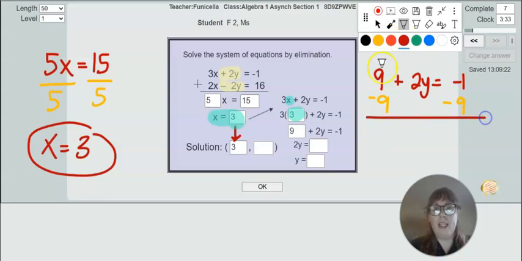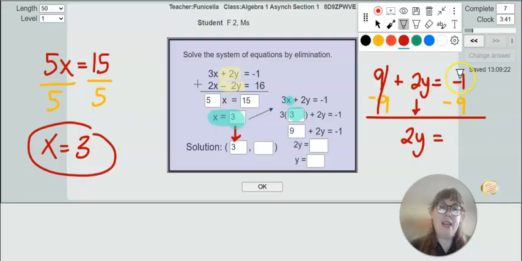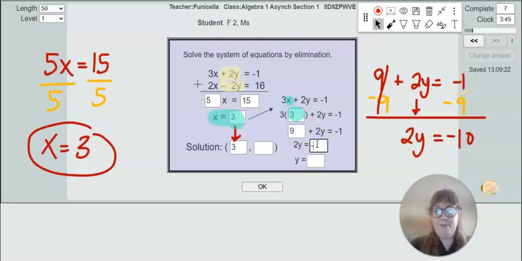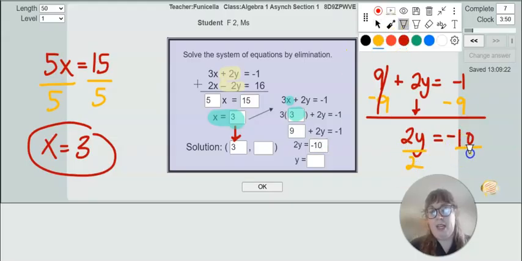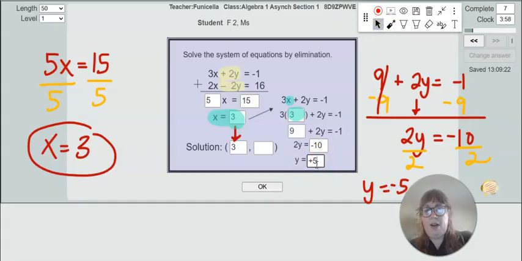We are subtracting because it's a positive 9. So 9 minus 9 is 0. So we're just left with 2y is equal to negative 1 minus 9, which is a negative 10. Beautiful. And then we can divide both sides by 2 to get y equals negative 10 divided by 2 is a negative 5. So our y value is negative 5.